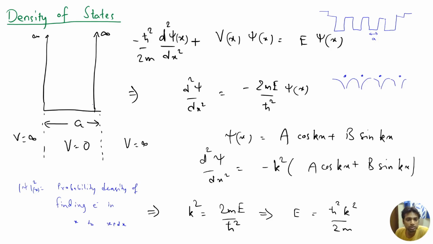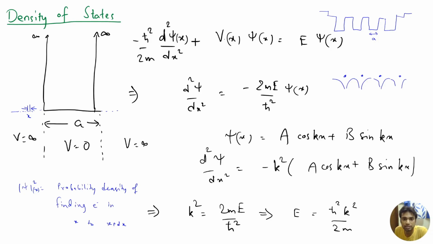Now we are saying that this is an infinite potential well and the electron is totally confined in here. So outside this, if you take any region, say x at this position, you will find no electrons, and mod psi square is 0 at that point. So the wave function is identically 0 wherever this V is infinity.